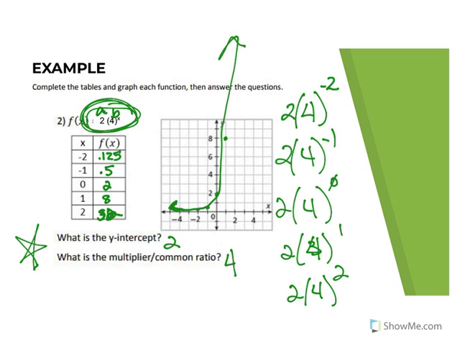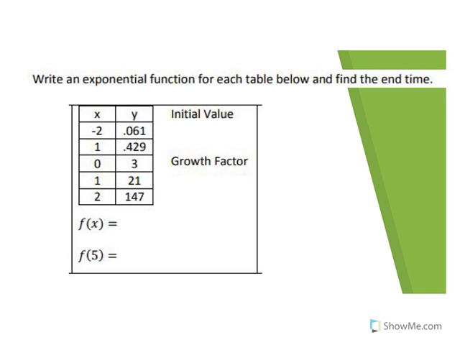So again, this is growth because it's going up to the right, okay? And then we have a different kind of example here about growth. Well, we know it's growth because in our table, our numbers are getting bigger as they go down. So we know that that's growth, okay?